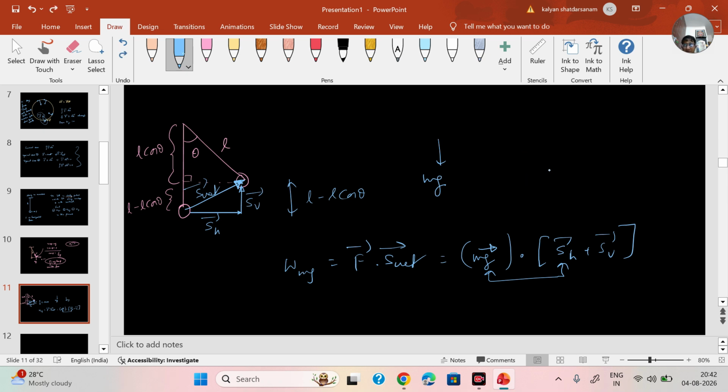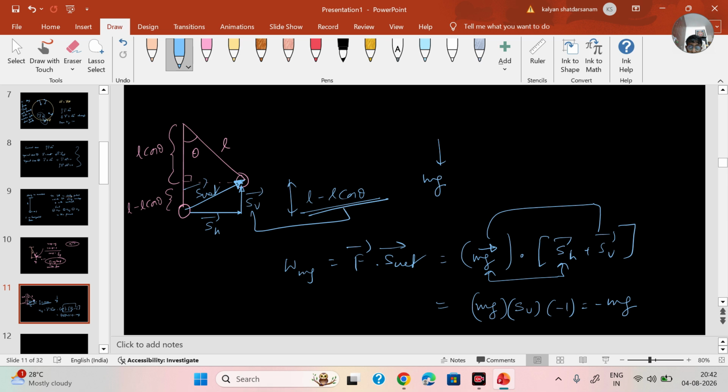Whereas for the other dot, mg is down and SV is up, so the angle between them is pi or 180 degrees. So their dot product will give magnitude of force into magnitude of SV into cos of 180, which is minus 1, so minus mg SV. What is SV? L into 1 minus cos theta. So minus mg L into 1 minus cos theta. This is work done by gravity.